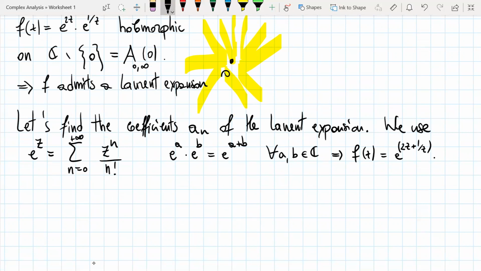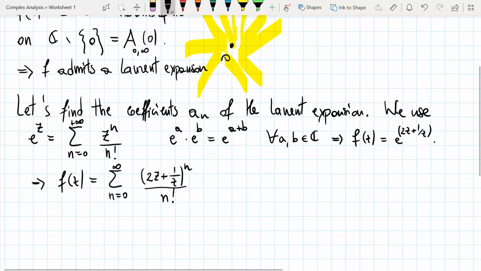So now let's apply the formula for the exponential to this expression. So this implies that f of z is equal to the sum for n going from 0 to infinity of 2z plus 1 over z to the n divided by n factorial.